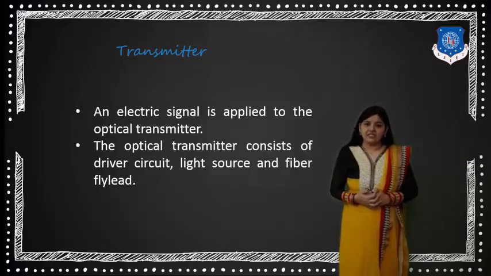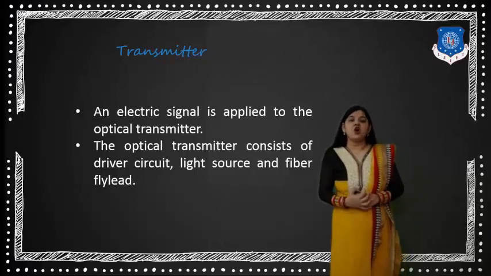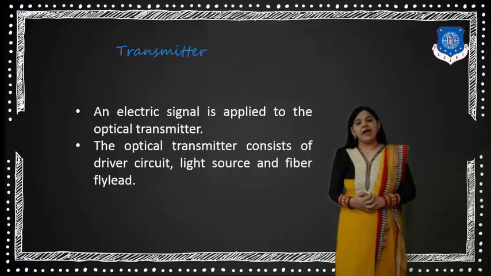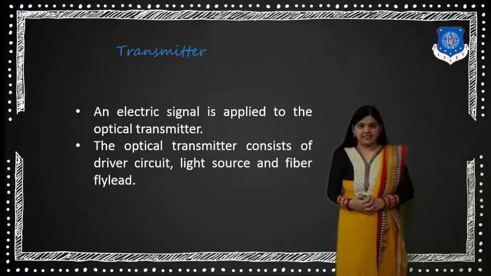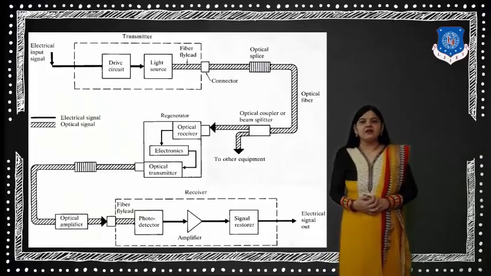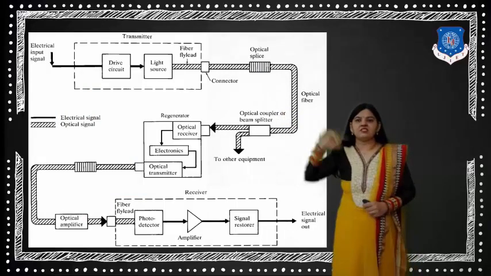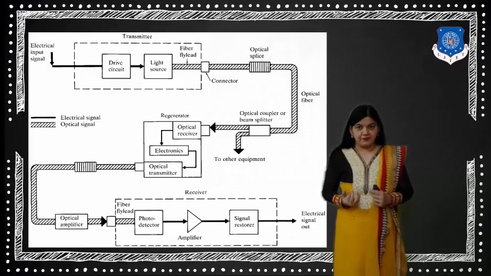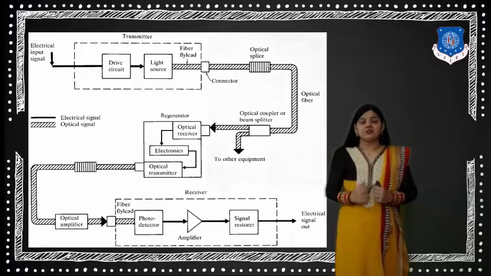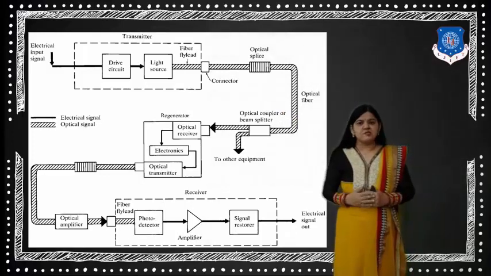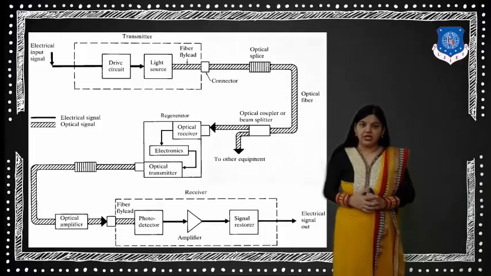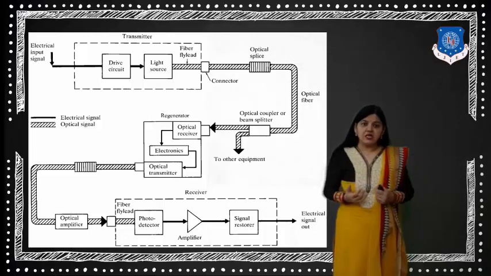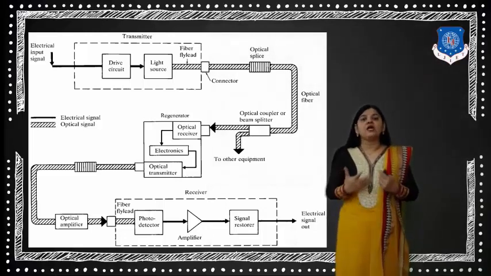The optical transmitter consists of the driver circuit, light source and the fiber flylead. Now we know that in the optical transmitter, the electrical signal is there. The optical transmitter will transmit optical signals only, so we need to convert the electrical signal into the optical form.